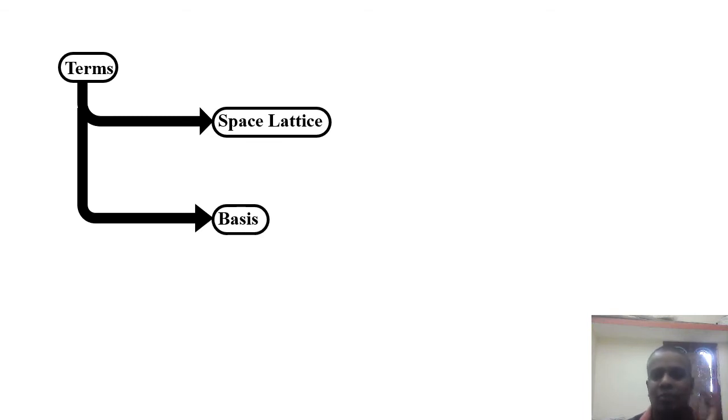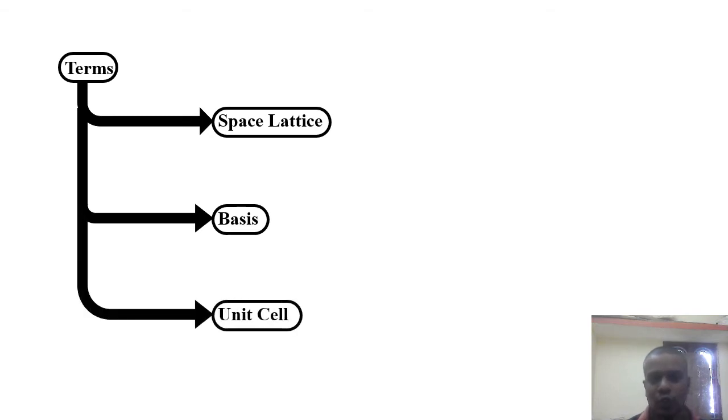Lattice is an imaginary concept, a point; we will see the basis also. The last term is the unit cell. Space lattice, basis and unit cell are not only for the single crystalline solid; they are general concepts for any crystal lattice, even for the polycrystalline solid.